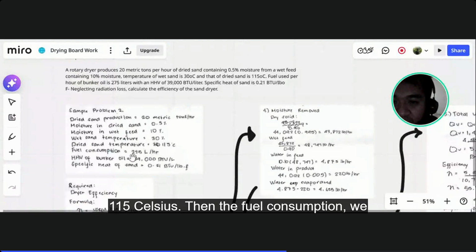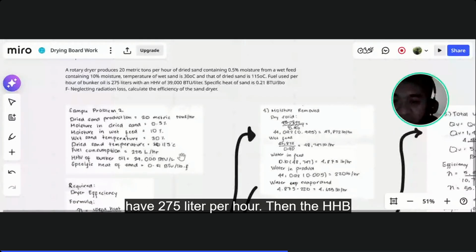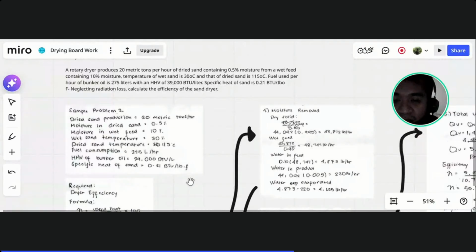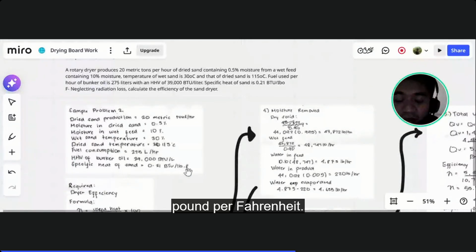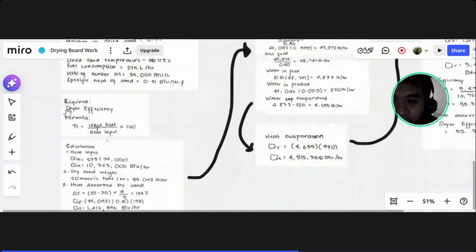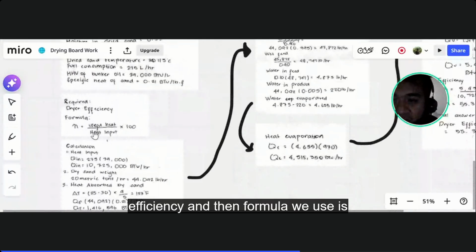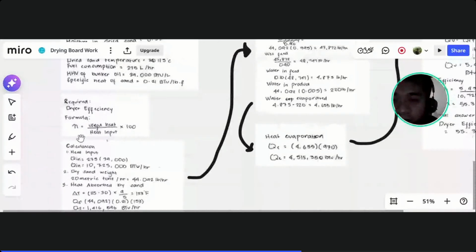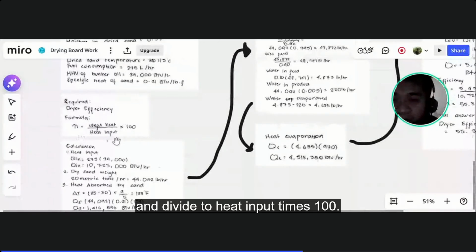Then the fuel consumption, we have 275 liters per hour. The HHV of bunker oil is 39,000 BTU per liter. For the specific heat of sand, we have 0.21 BTU per pound per Fahrenheit. The required is dryer efficiency, and the formula we use is useful heat divided by heat input times 100.